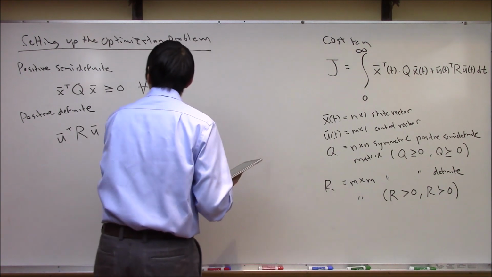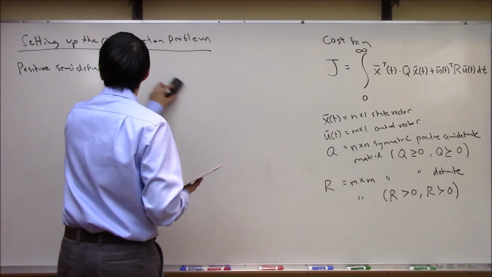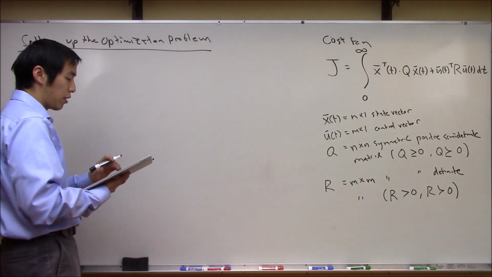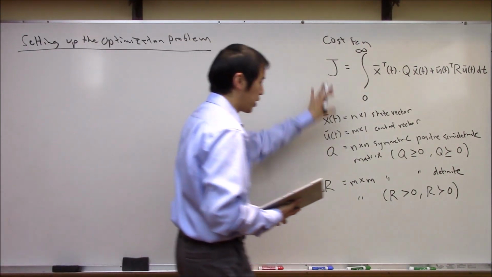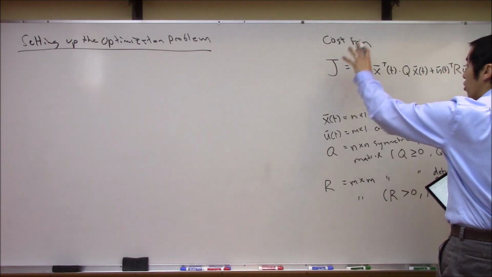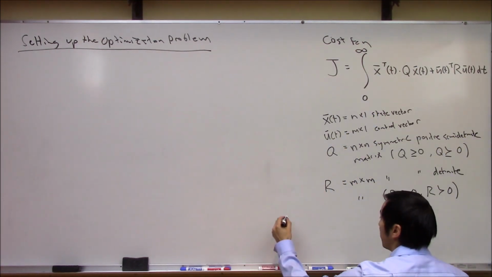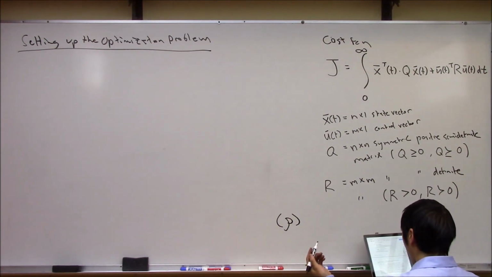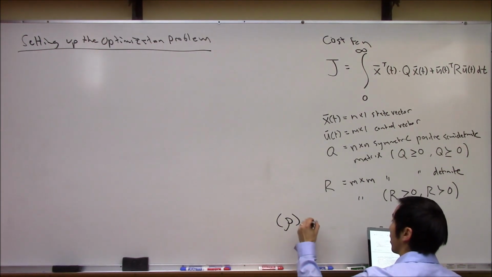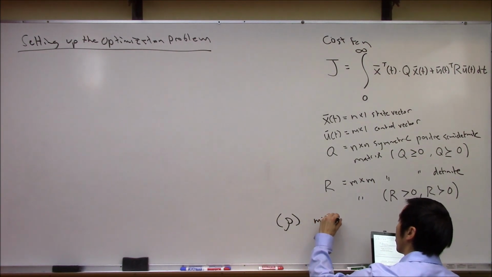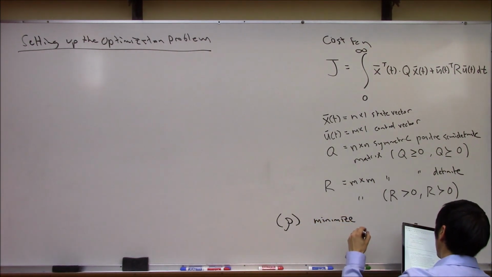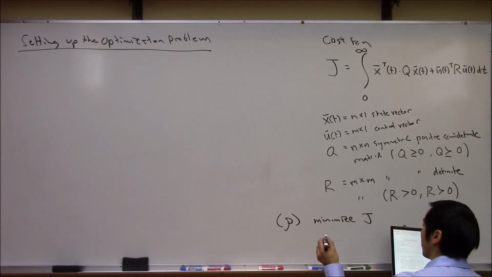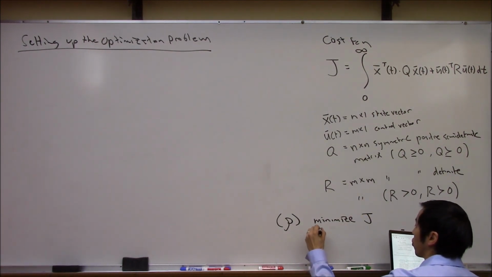Now that we have the cost function down, let's write the overall problem over here so we can keep talking about it. Here's the cost function. The optimization problem, let's write this as our script P symbol, is that I want to minimize this cost function J over the controls I want to use.